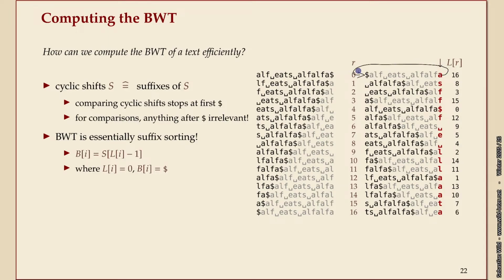A cyclic shift. This character here is the one that comes before the character here. That's exactly the example where the wraparound is needed, so the minus 1 needs to be modulo n plus 1. If you have the suffix array, you can construct the Burrows-Wheeler transform from it easily.